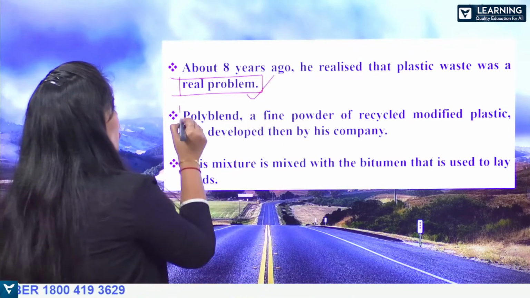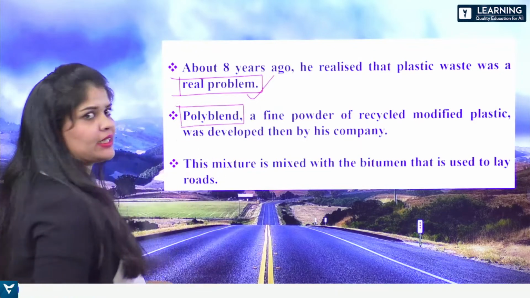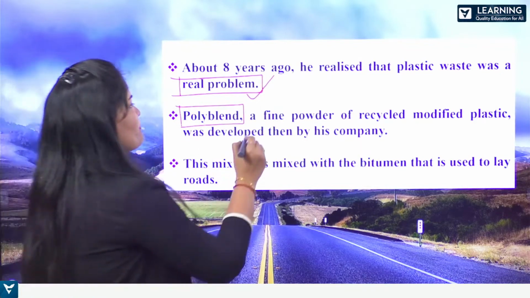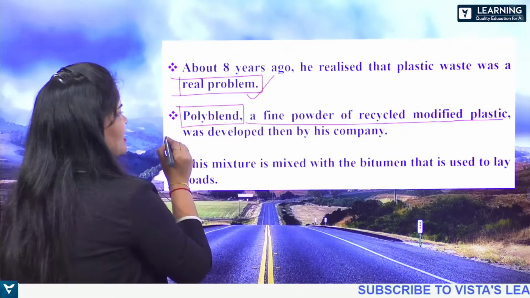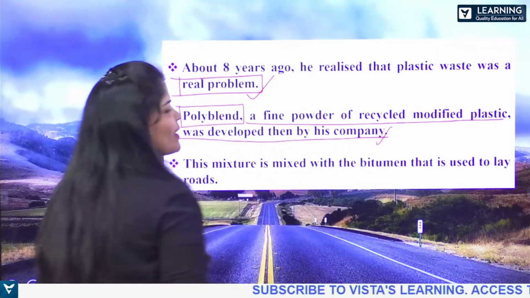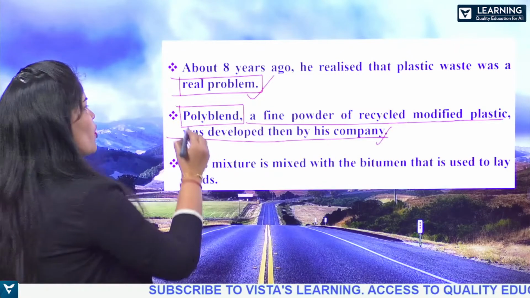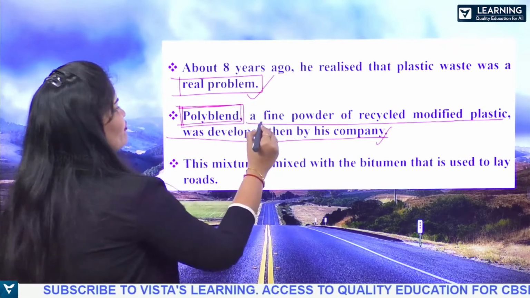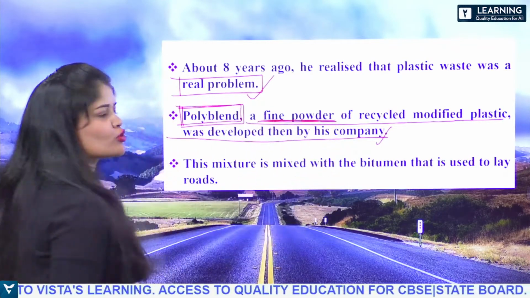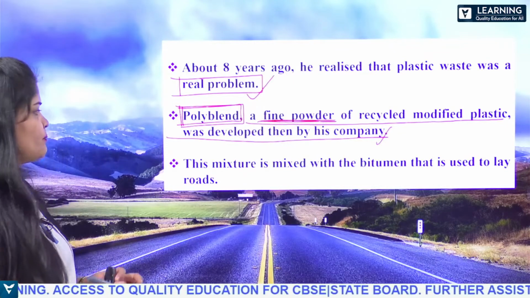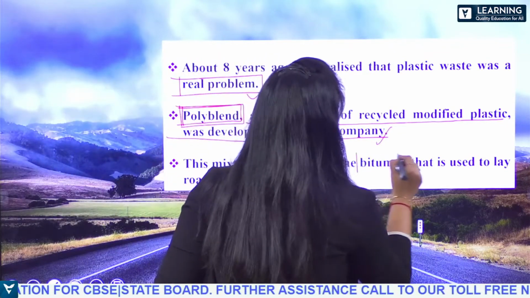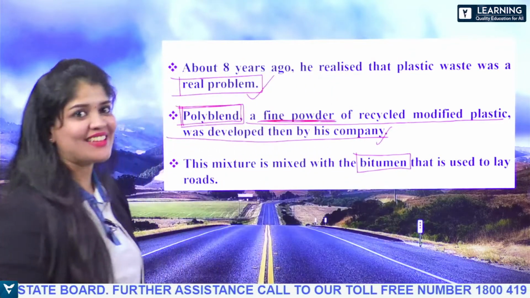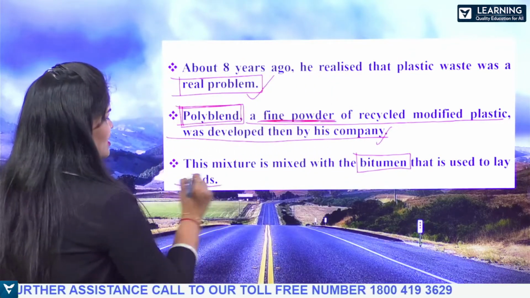So here, polyblend, a fine powder of recycled modified plastic, was developed by his company. This mixture is mixed with bitumen, and that is used to lay roads.